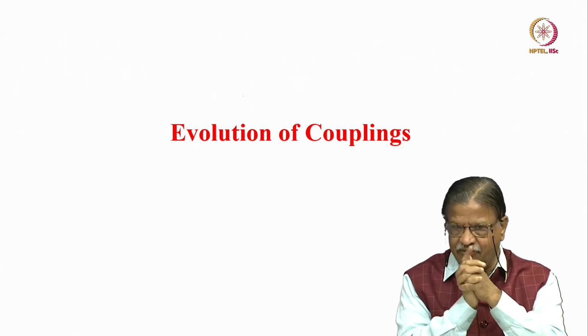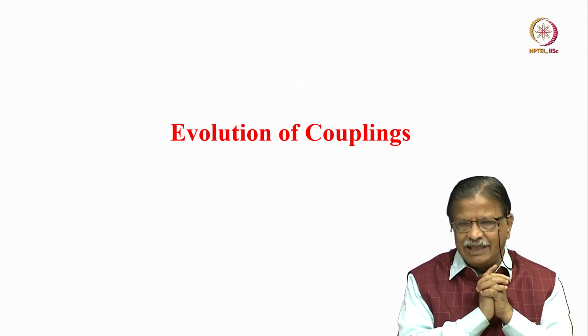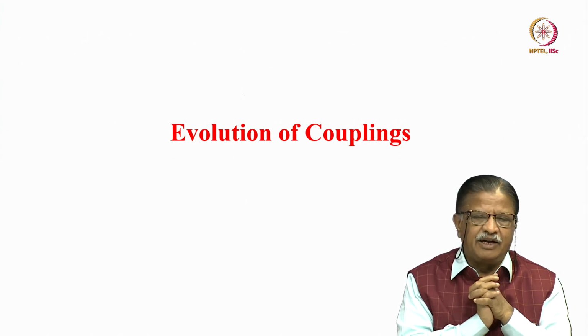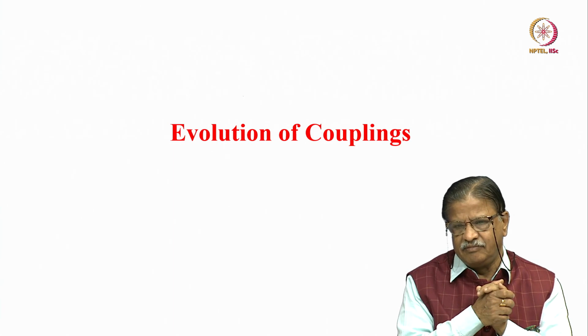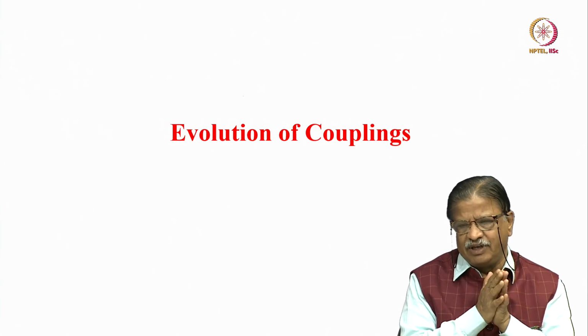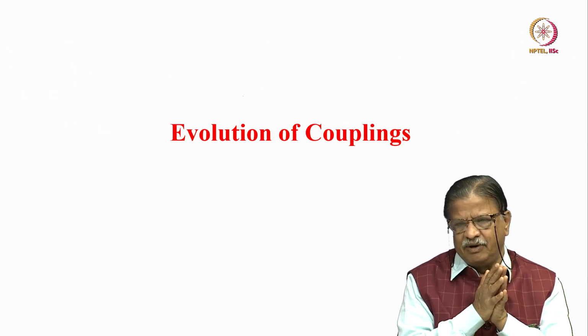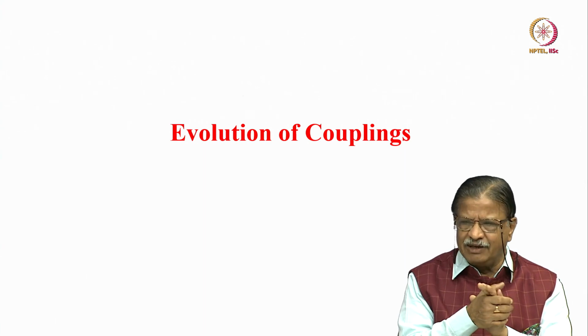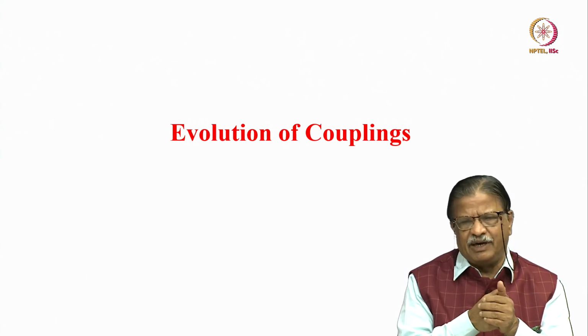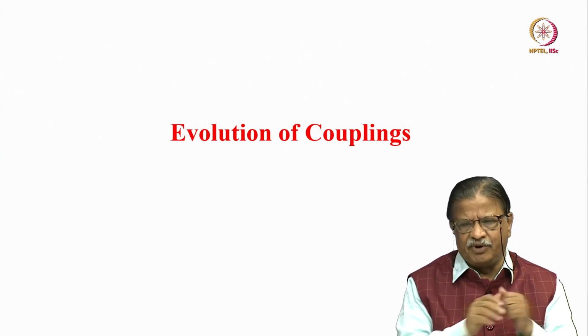I will discuss the evolution of the couplings, and then I will introduce more about polarization transfer, how the polarization transfer takes place between the antiphase components of the coupled spins, and other things we will discuss: product operator, various things, NOE, MQC, etc.